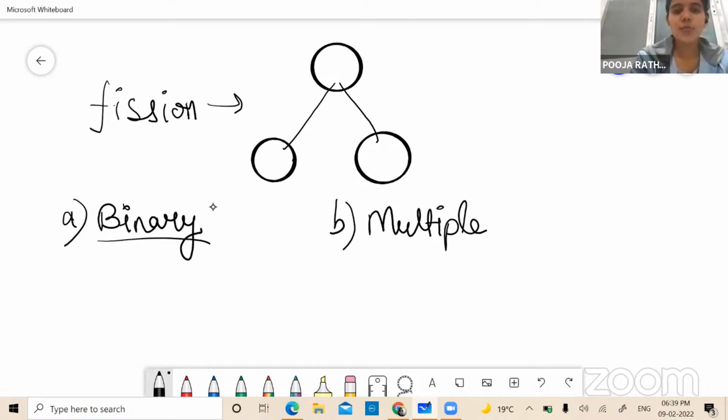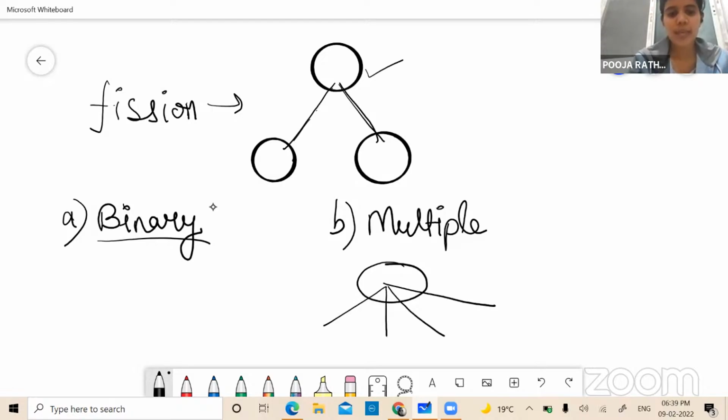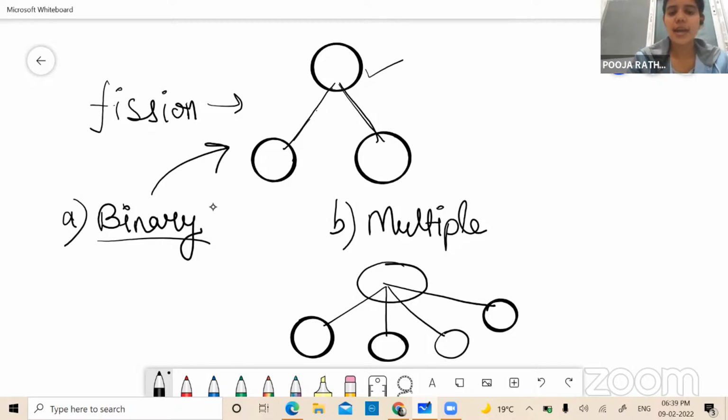Binary fission is when a single cell divides into two. Multiple fission is when a single cell divides into more than two cells.